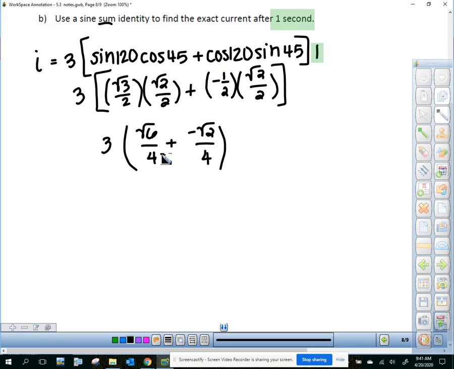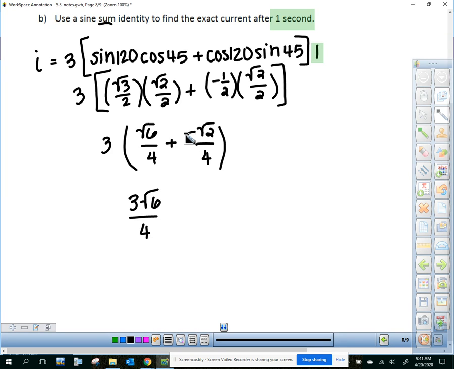Then I can combine that, or I can distribute the 3. It doesn't really matter if I distribute now or combine first. Either way, the 3 is going to get multiplied by both of the terms in the numerator. So I'll go ahead and distribute now.